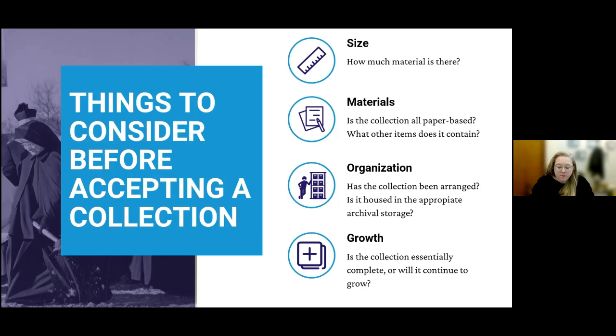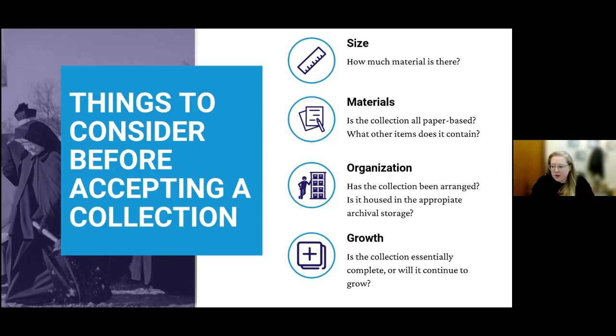For the order, will the repository require the collection to be organized before they will accept the material? Does either the order or the repository have the staff and the time to take on the project? Or will the collection just be added to the archives backlog and be mostly inaccessible? Do either or both sides have the budget to cover any archival supplies that are needed?